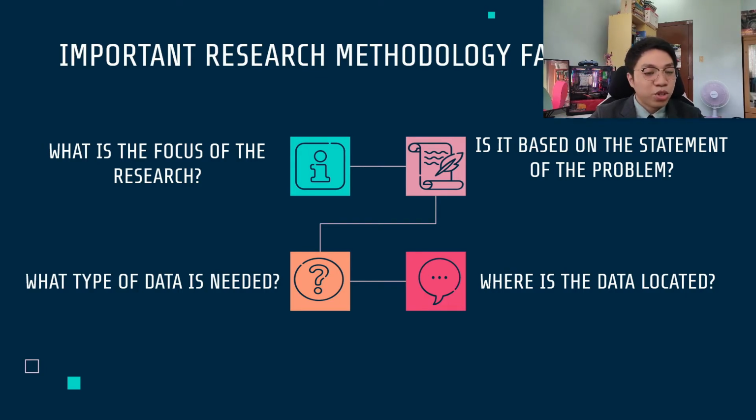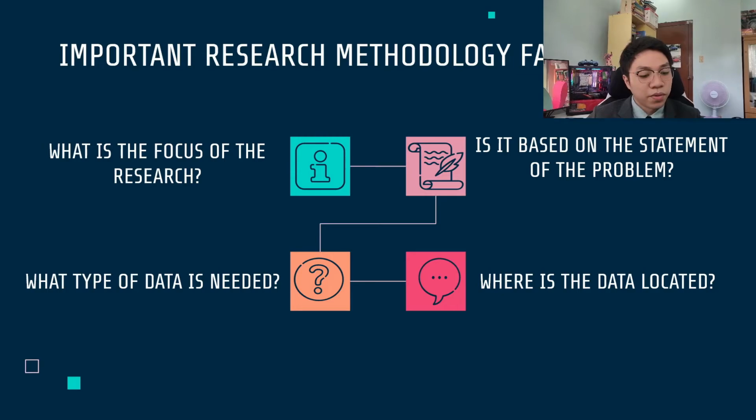So we may choose between different research methodologies, but we have to consider that if our statement of the problem only requires X, but our methodology can take Y, then we may have to evaluate further if that methodology is acceptable for, or is congruent with, the statement of the problem.